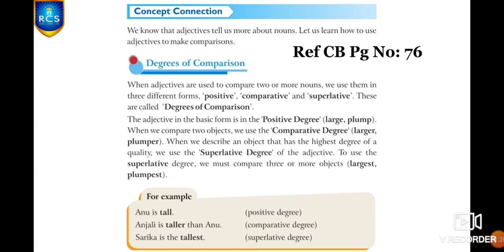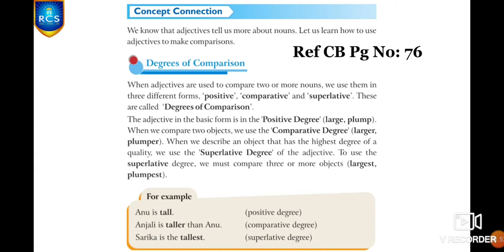The adjective in the basic form is called positive degree. For example, large, small, tall. And when we compare two objects, we use the comparative degree. That is, for smaller adjectives, we have to add er to it, and for larger or longer adjectives, we have to add more.